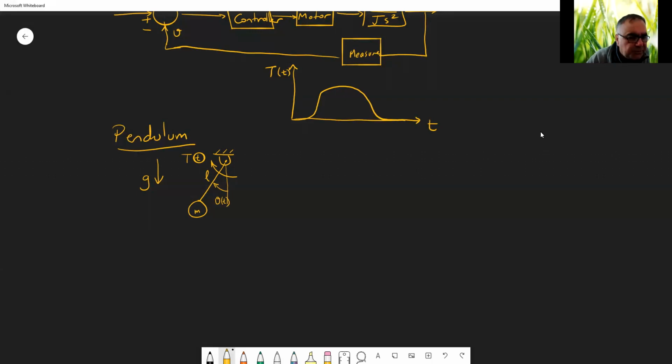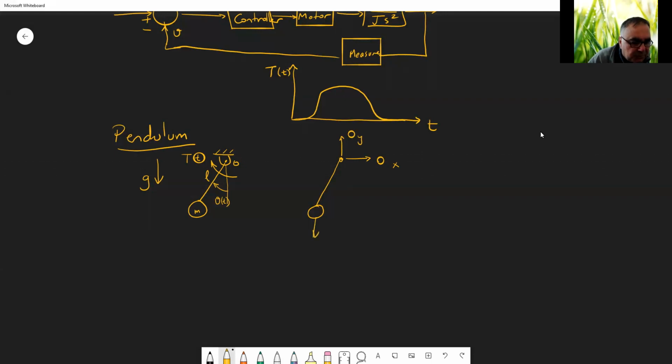So if we draw the free body diagram of this pendulum, what we get would be the pendulum. I'm not separating the pendulum, I'm just writing it. There are the reaction forces. Let's say this is point O, this is Ox and this is Oy.